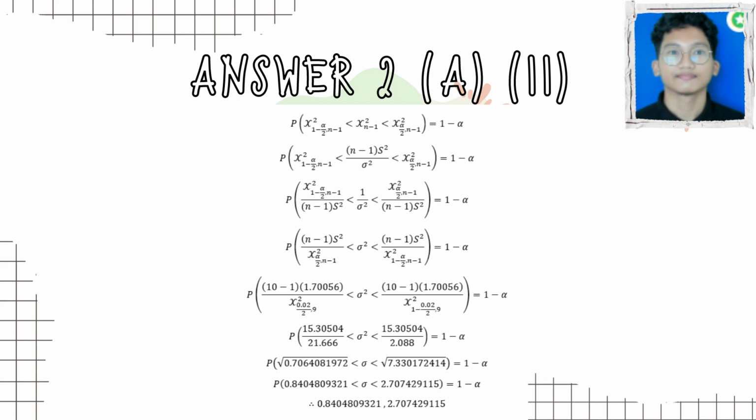There are 4 steps. Next, we need to enter all the values in the equation we got just now. Then, calculate the value and we will get the standard deviation is between 0.8404 and 2.7072.